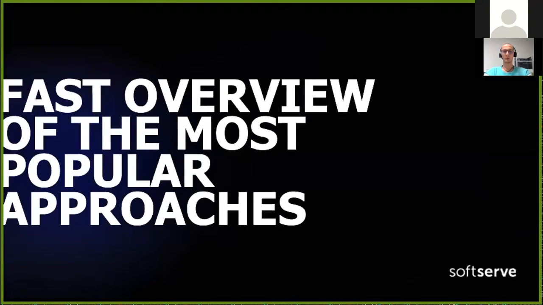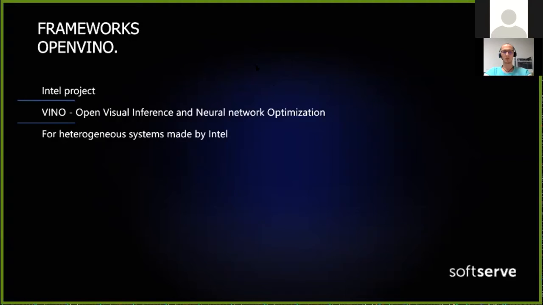Now let's speak about the most popular approaches to convolution. We will start with different frameworks. There are a lot of frameworks to deploy our models on FPGAs. OpenVINO. OpenVINO is an Intel project. OpenVINO stands for Open Visual Inference and Neural Network Optimization.